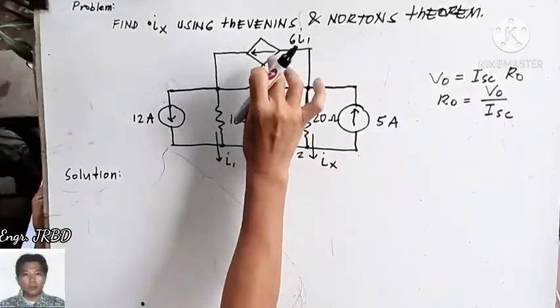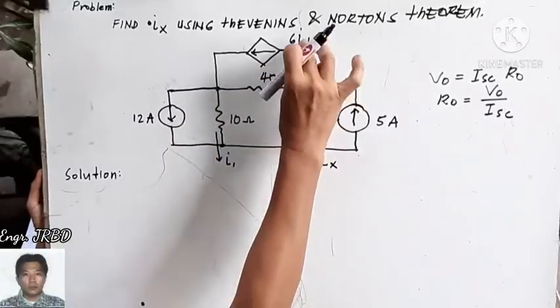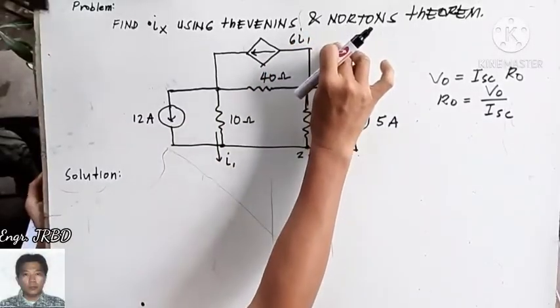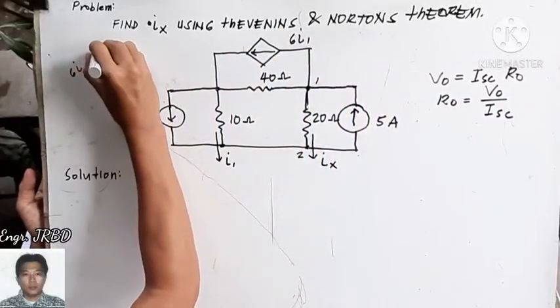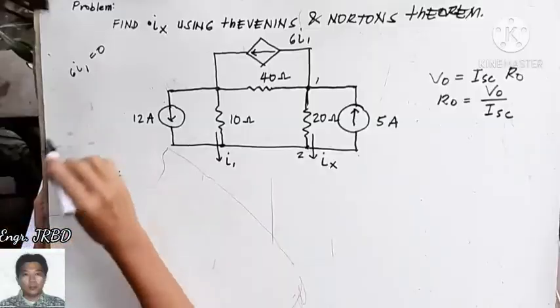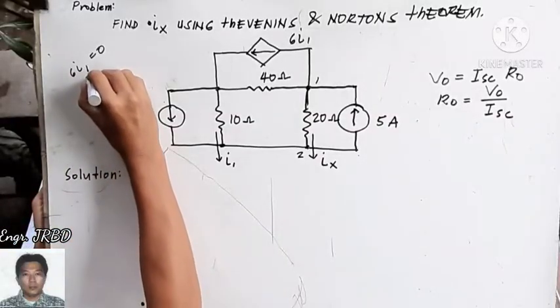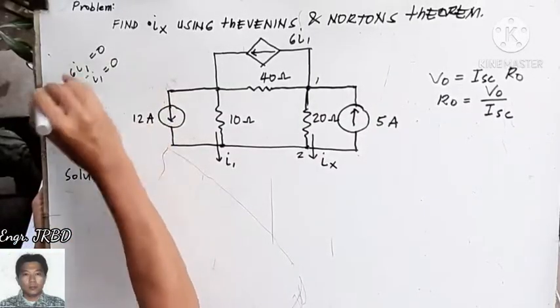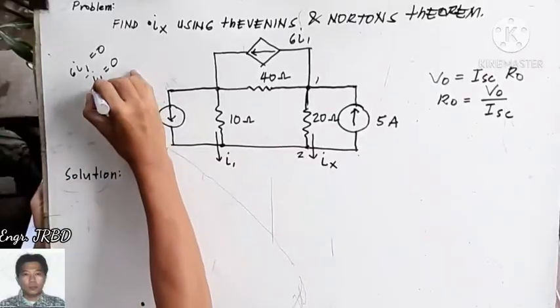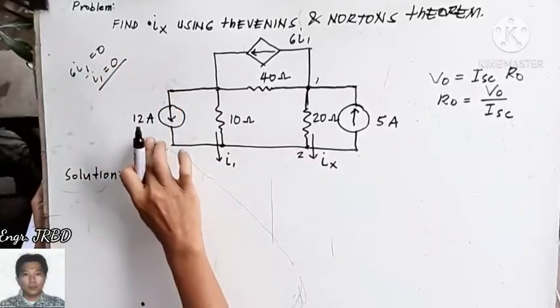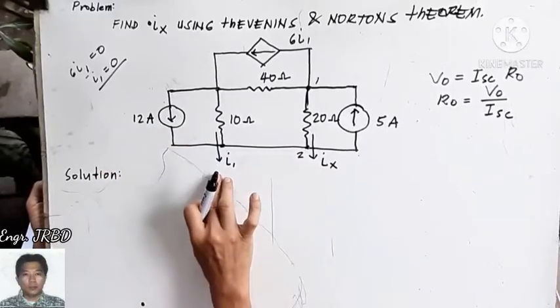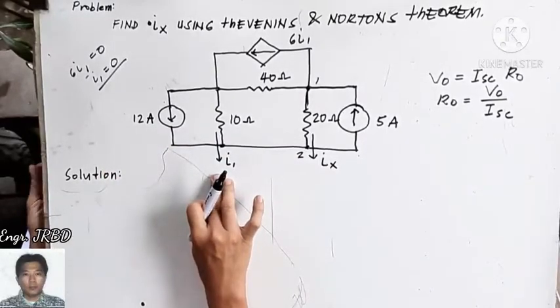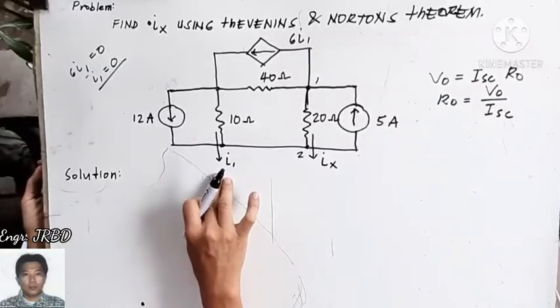If you replace this with an open circuit, meaning 6I1 is 0, then I1's value is 0, which is entirely impossible because we have a current source here of 12 amperes that is causing the flow of I1. Okay? That will invalidate that analysis.